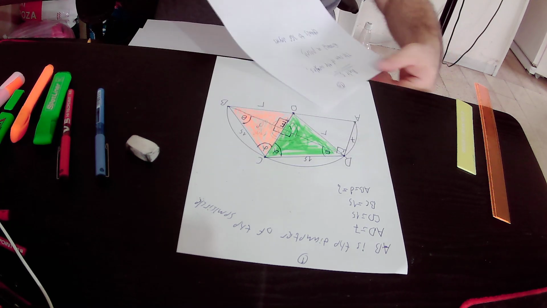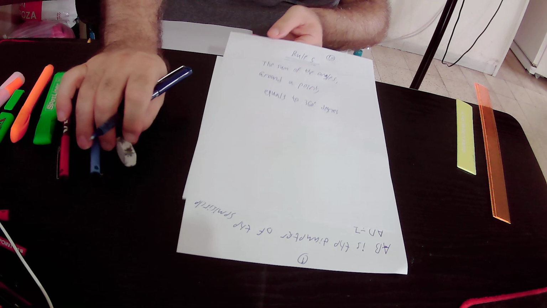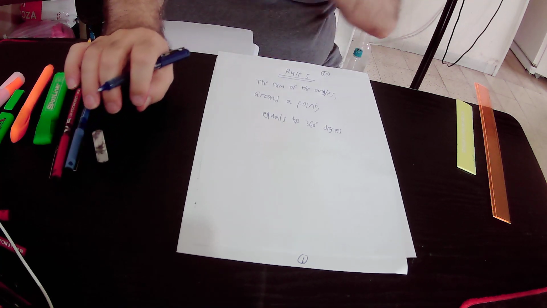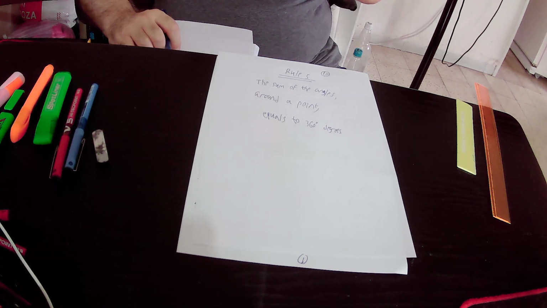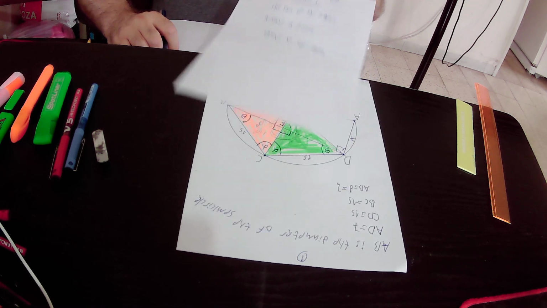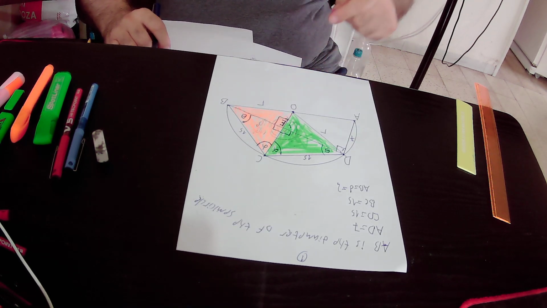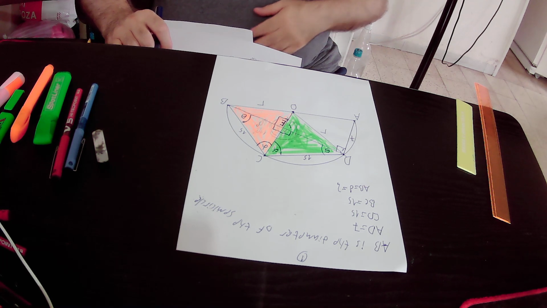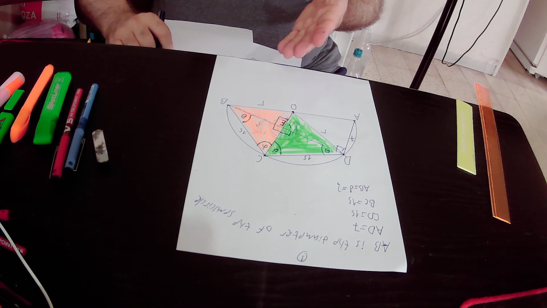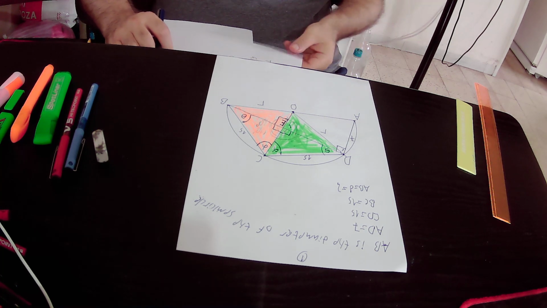I will read rule number 5 again. Rule number 5 states that the sum of the angles around the point equals to 360 degrees. So if we focus at point E, then according to rule number 5, the sum of the angles around point E equals to 360 degrees.